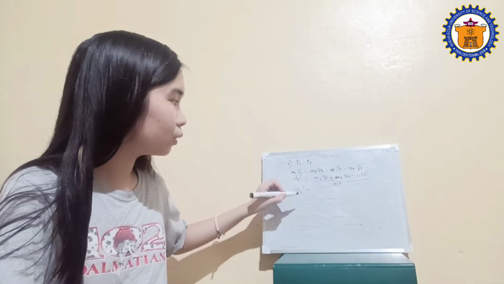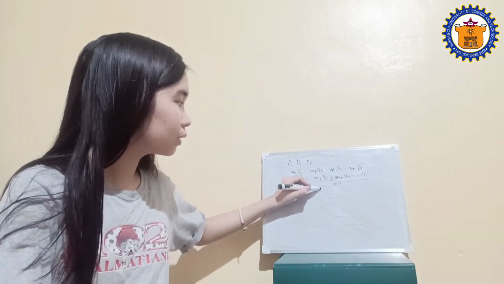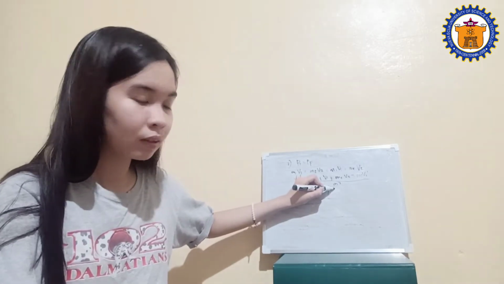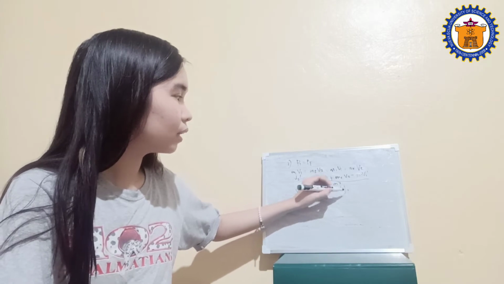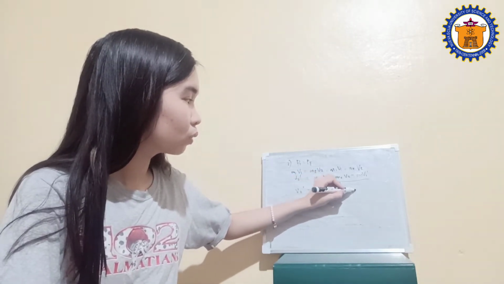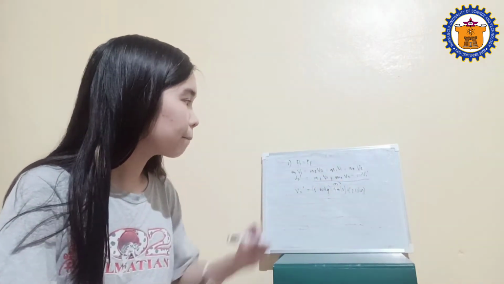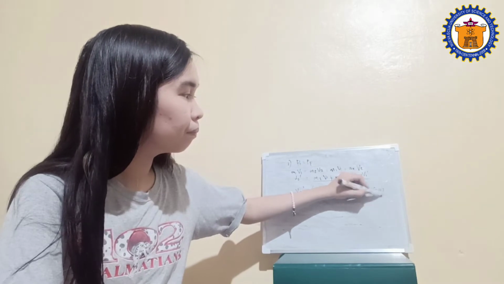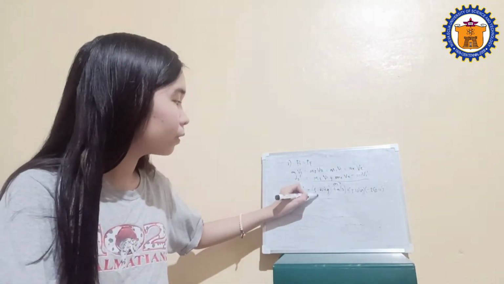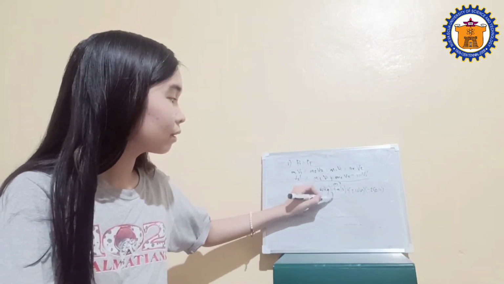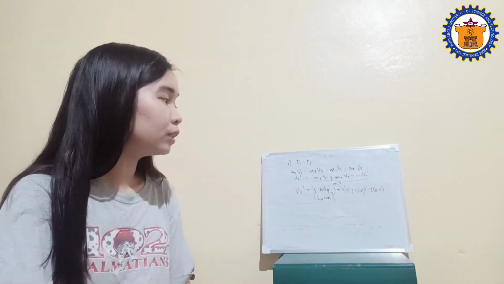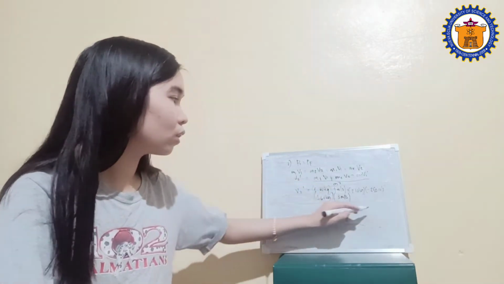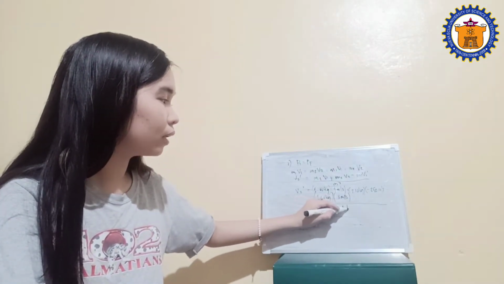V2 prime is equals to mass 1, which is 1.60 kilograms, with initial velocity of 4 meters per second, plus mass 2, which is 2.10 kilograms with a velocity of negative 2.5 meters per second, minus mass 1 again, 1.60 kilograms, times V1 prime, given kanina, which is 3 meters per second, all over mass 2, 2.1 kilograms.